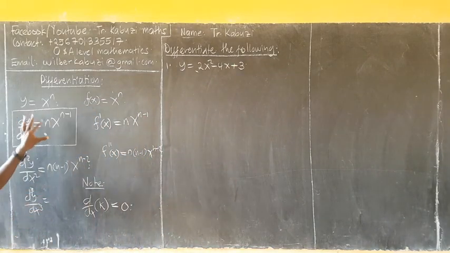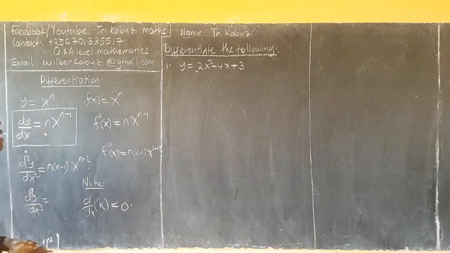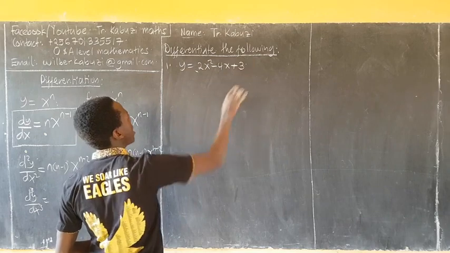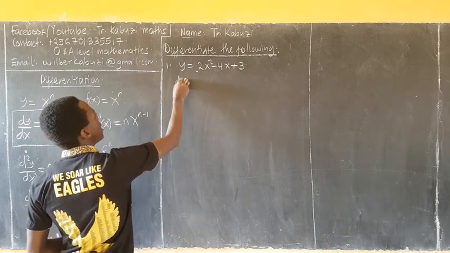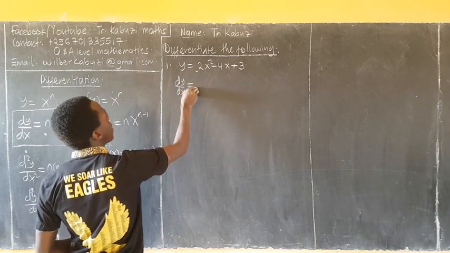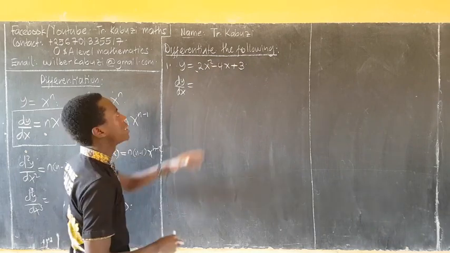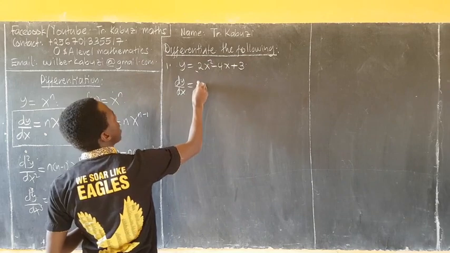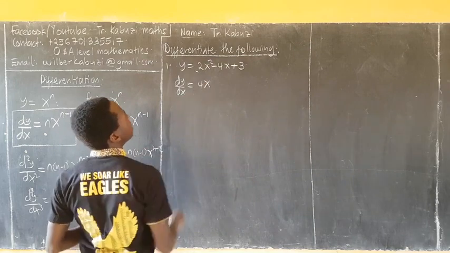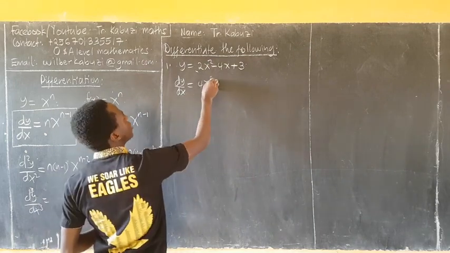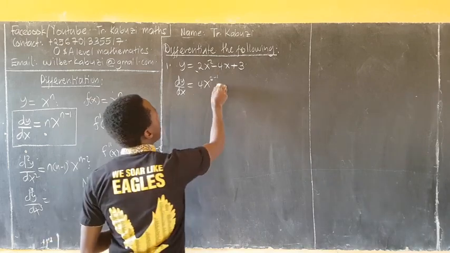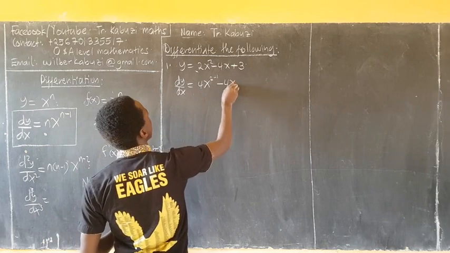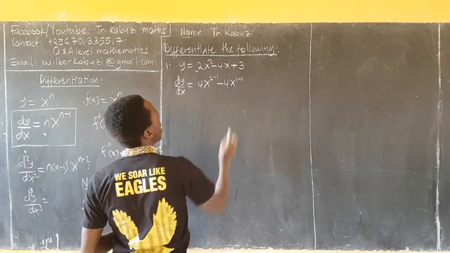Now, we are going to apply the power rule. We differentiate y with respect to x because x is the variable on the right. So we lower this power: 2 times x squared gives 2x, then reduce the power by 1, so 2 minus 1. Then minus, this is power 1 times 4 remains, then x to the 1 minus 1.